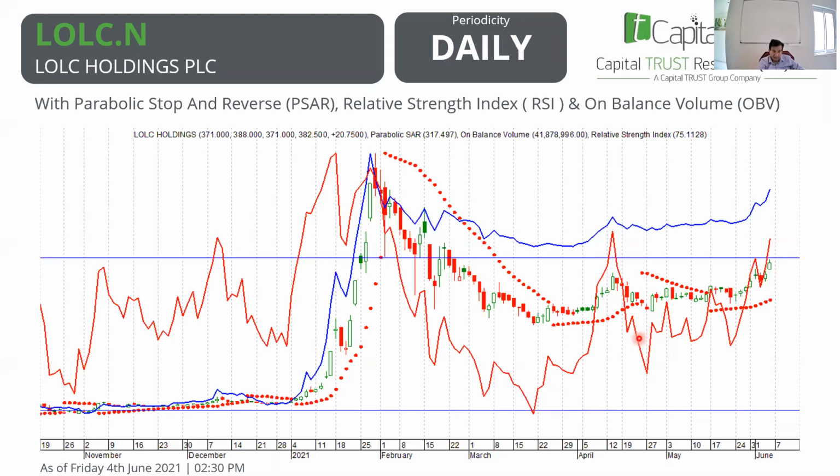that's a PSAR of LOLC, right? Which is the largest stock. You see that it is showing an OBV up. The blue line, we conventionally use the blue line for that. It's almost vertical. PSAR is below, right?